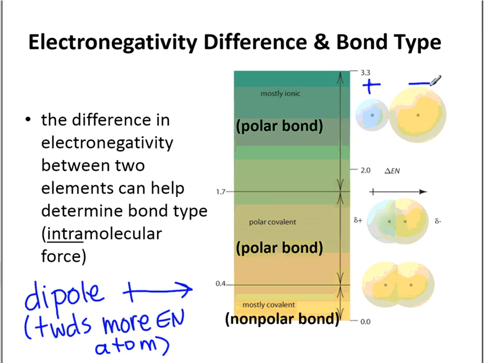Remember, when we're dealing with molecular structure here, we're just dealing with covalent, so we're going to consider ones less than 1.7 down to 0. Depending on how the electrons are shared, from about 0.4 or 0.5 to about 1.7, you get polar covalent bonds. And below that, you get mostly covalent or non-polar covalent bonds.